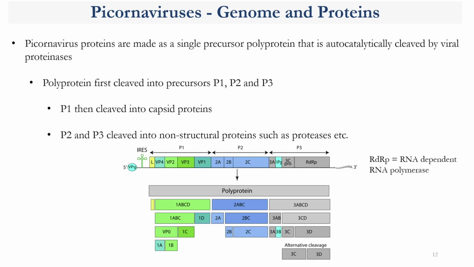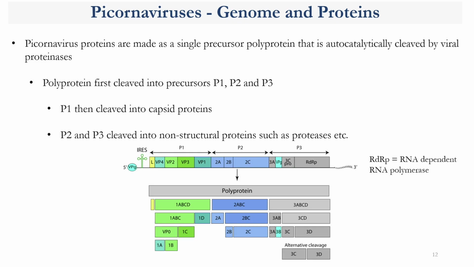Now, remember that we talked about the proteins, and they are made as a single precursor polyprotein, and these are cleaved autocatalytically by viral proteinases. So some of these proteinases, they will cleave themselves to become active, okay? A lot of these viral proteases or proteinases, they will become active and they start cleaving polyprotein, okay?